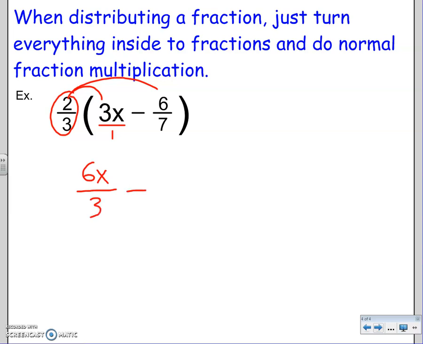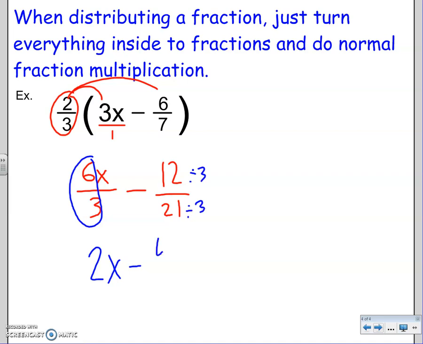Minus, because the positive is negative, 2 times 6 is 12. On the bottom, 3 times 7 is 21. All right, I can reduce. Right here, 6x divided by 3 is just 2x. And over here, 12 over 21, I can divide that by 3 and that by 3. So I get minus 4 over 7. That's the answer there.